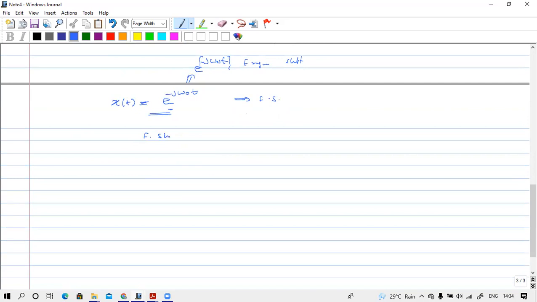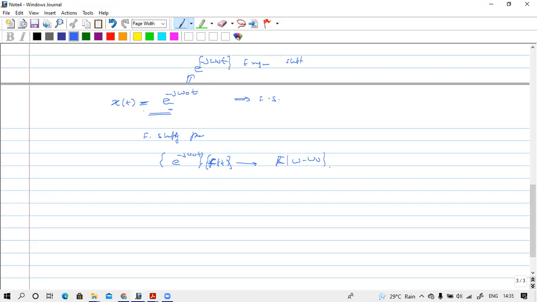Frequency shifting property. It is said that e to the power j omega naught t f(t) is equal to F(omega minus omega naught). So in the frequency shifting property, this term should be multiplied by f(t). Here I use f(t), otherwise you will get confused, so it is another function.